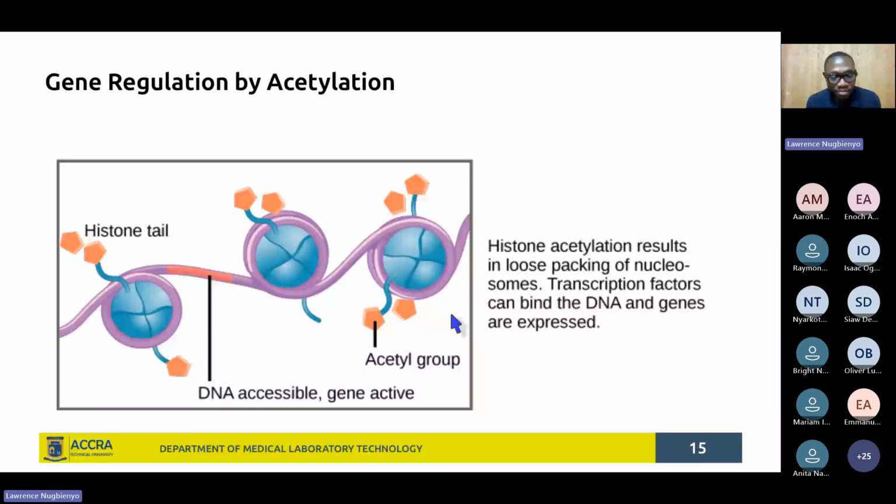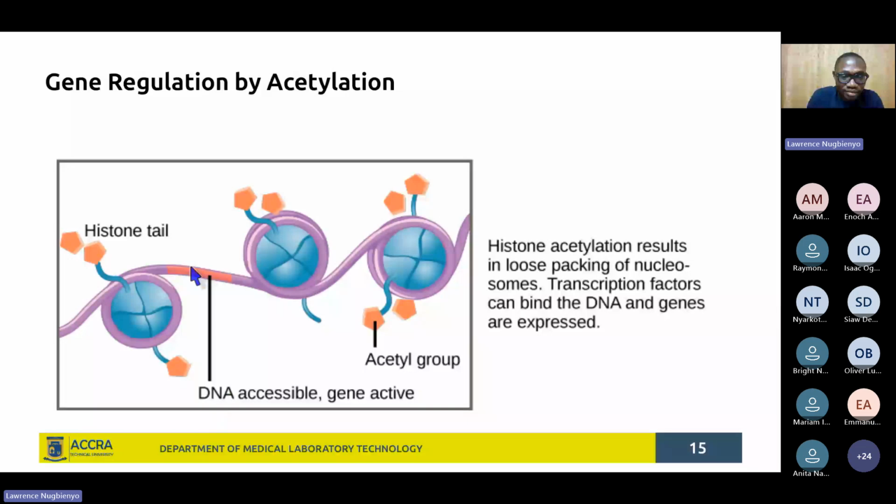But when those side chains, those amino acids that are positively charged, get acetylated, it results in unwinding of the nucleosomes. And so now that region of the DNA, the fragment that is supposed to be expressed, is now exposed, is now accessible.